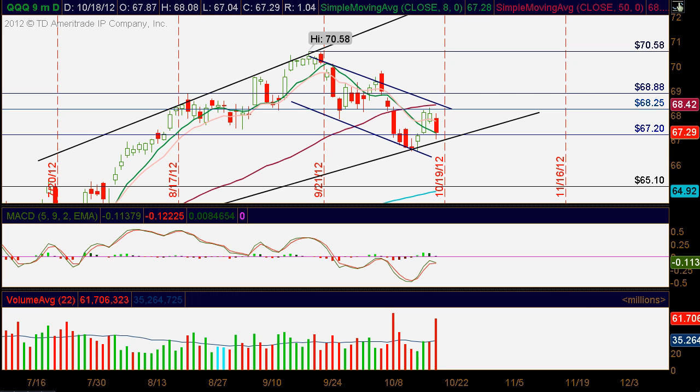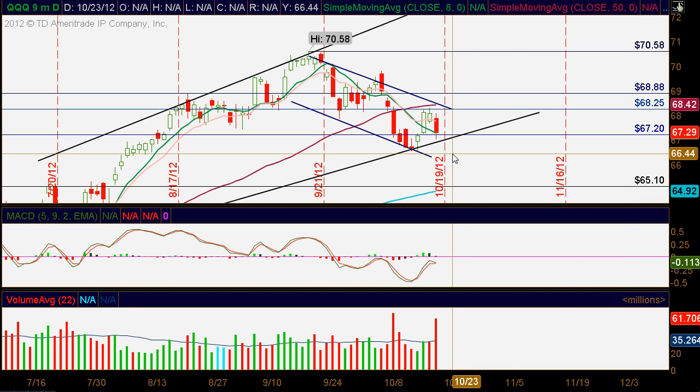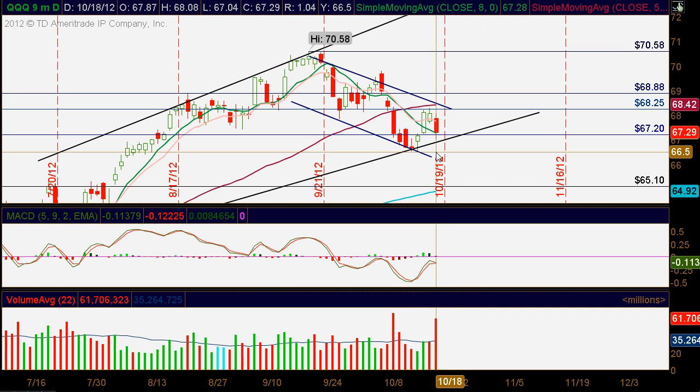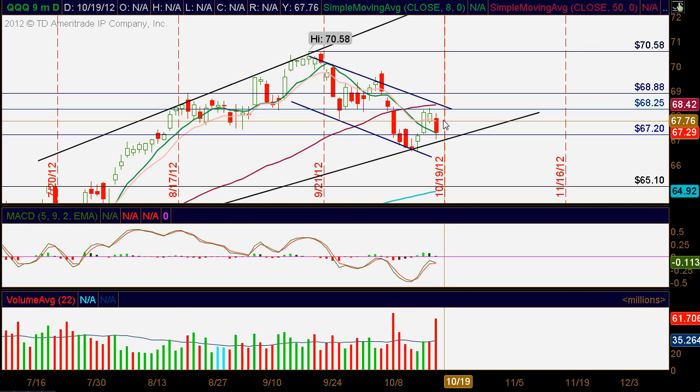Let's take a look at our Q's daily chart as we always do to see what happened here. As you can see, we were not strong enough to break through the 68.25 area of resistance that we talked about yesterday, as well as that 50-day moving average at 68.42.